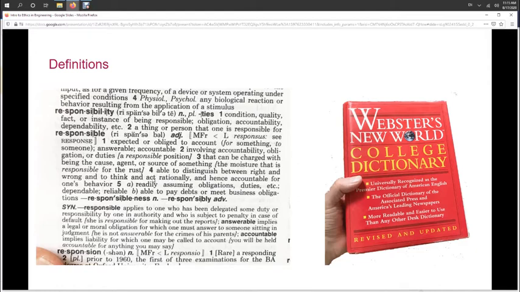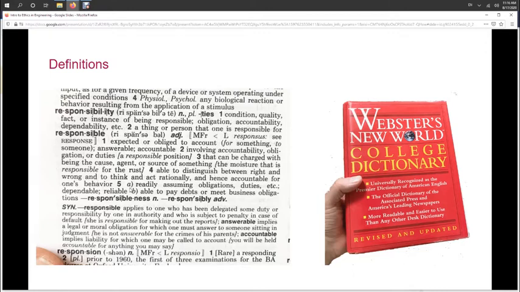Number 4, able to distinguish between right and wrong and to think and act rationally, and hence accountable for one's behavior. So the person is able to distinguish between right and wrong, so you have to have that capability in the first place to be responsible. You have to also be able to think and act rationally. So if for some reason you're irrational, you are not able to be responsible, according to this, as I read it.